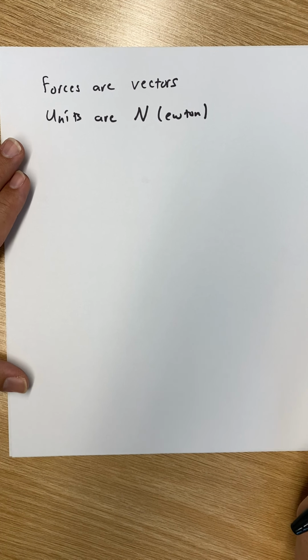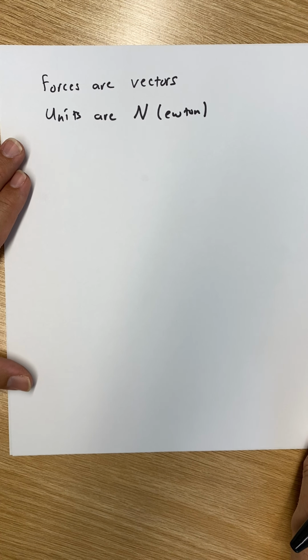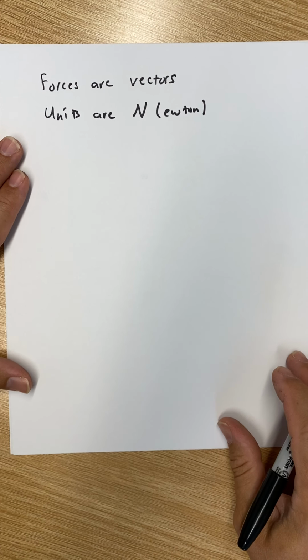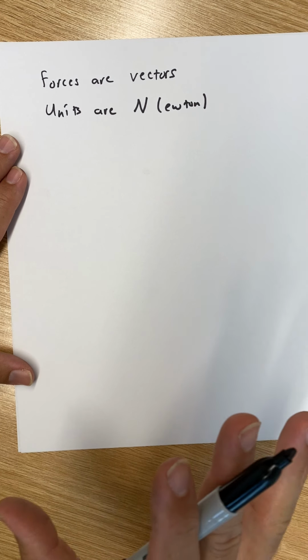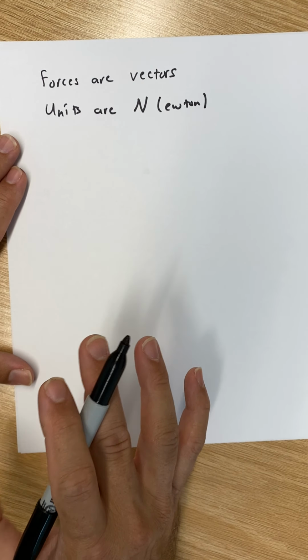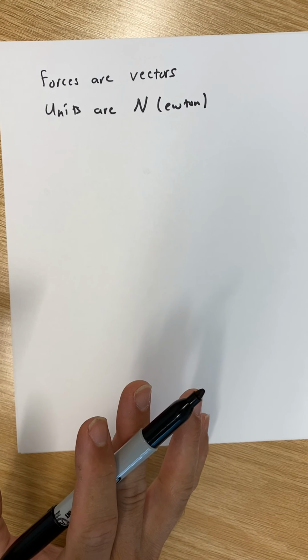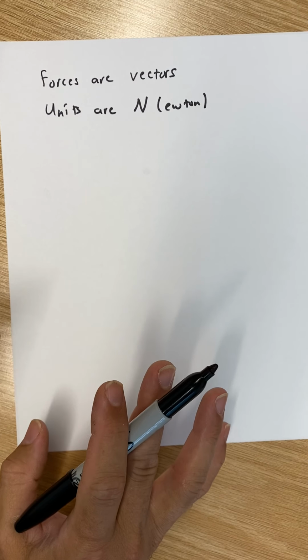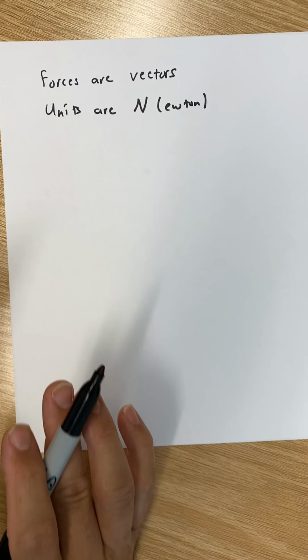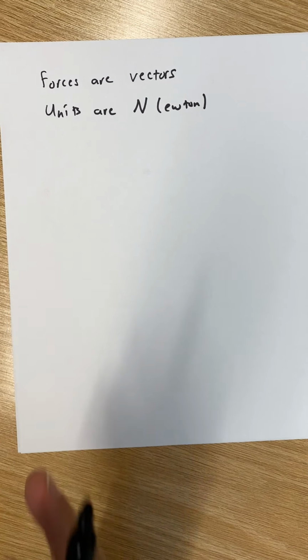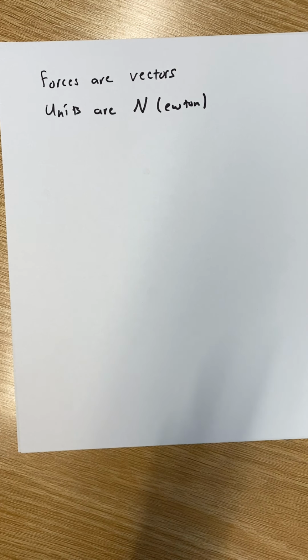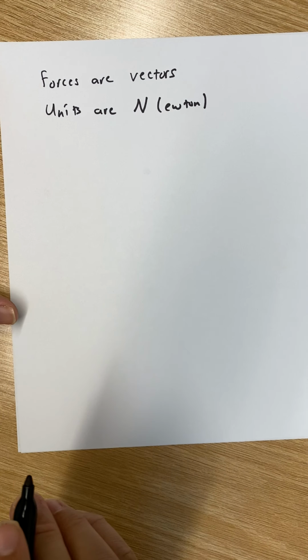One of the things I'm going to need to do if I'm analyzing the motion of an object is I need to come up with a way to figure out what all forces are acting on that object. After I do that, I'm going to need to draw some sort of picture to give me the information that I've figured out. So here's the first way to do it.